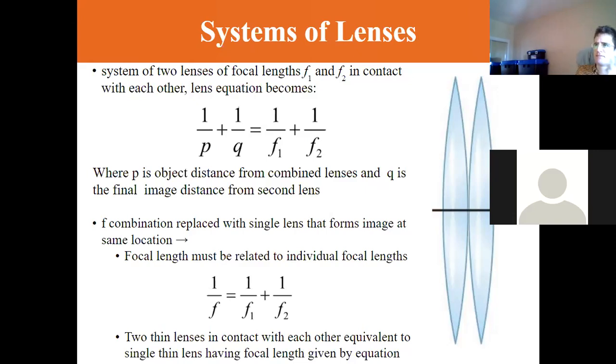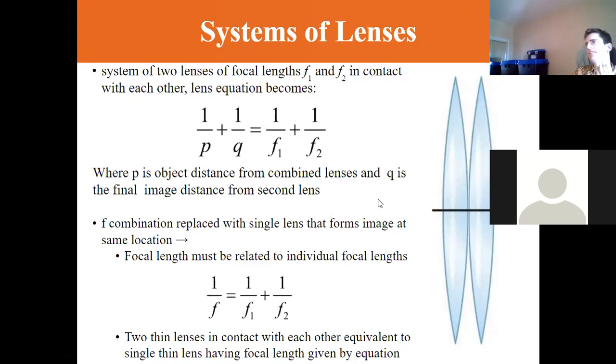If you take E&M, this is kind of like an equivalent resistor when the resistors are in parallel. When you put 2 lenses together, their equivalent focal length is smaller than either one. So if you have 2 lenses put together, and the focal length of each one is 10 centimeters, when you put them together, that's the same as having a single lens of 5 centimeters. In other words, putting lenses together gives you a shorter focal length.